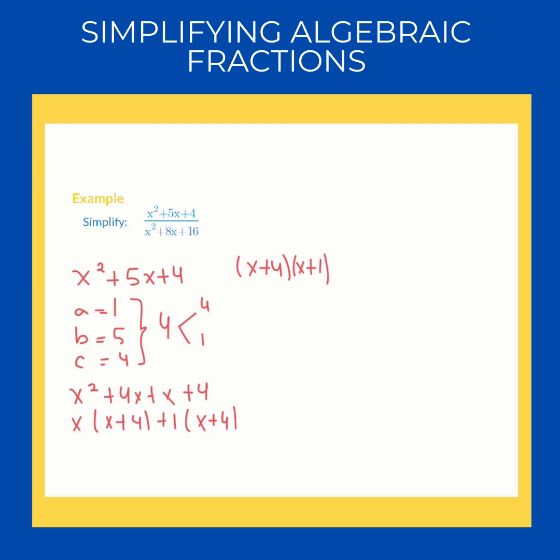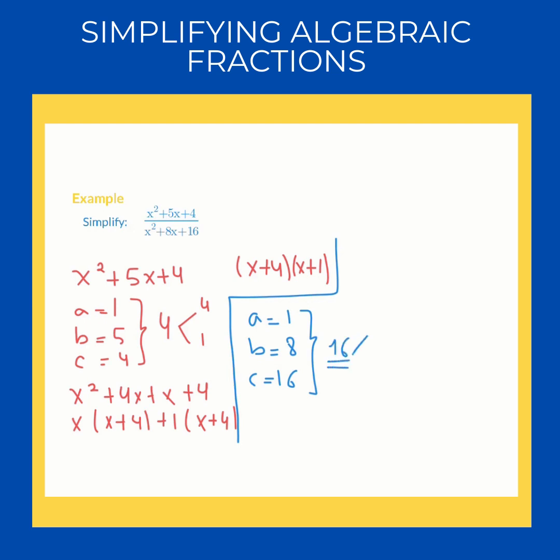Now, let's factorize the denominator. So the denominator is x squared plus 8x plus 16. So a is 1, b is 8, which is the coefficient of x, and c is 16. So here, I need to find two factors when multiplied give me ac, which is 1 times 16.